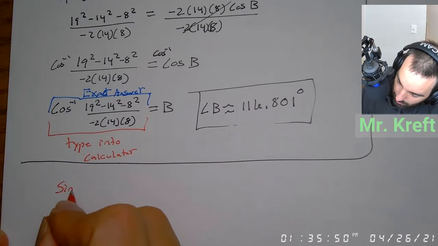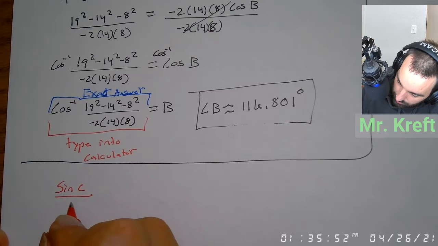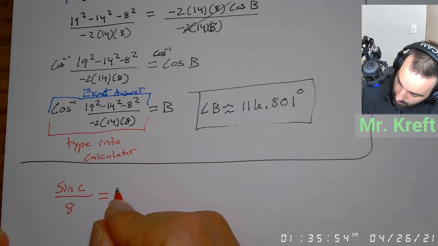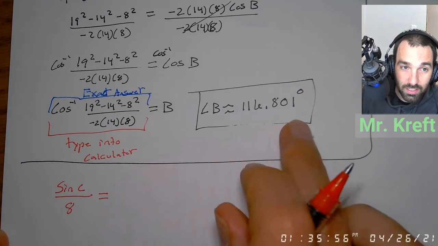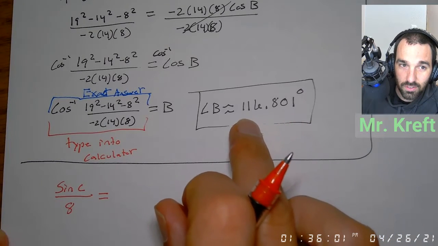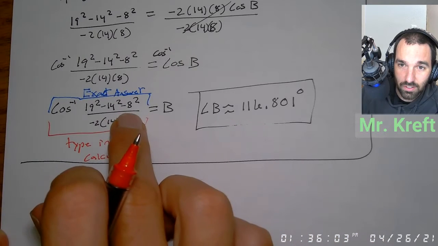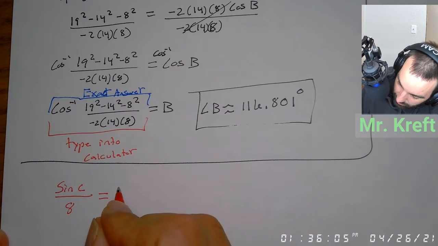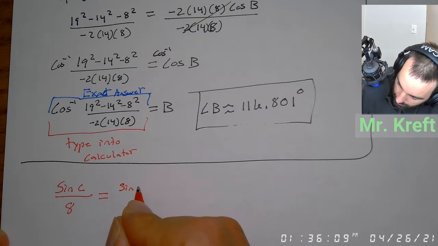So angle C, so sine of C over side C equals, and the cool thing is this is still in our calculator, right? 116.801, that's still in our calculator. So I'm going to use that to my advantage. So sine of angle B, which is 116.